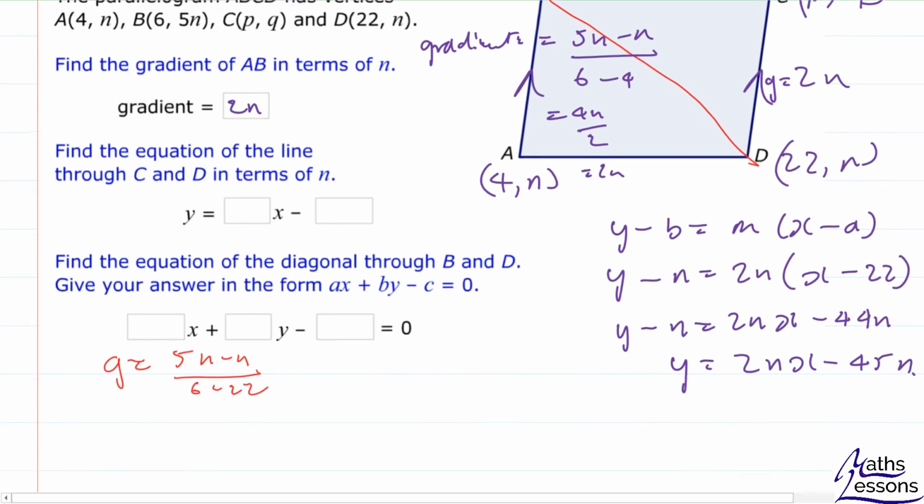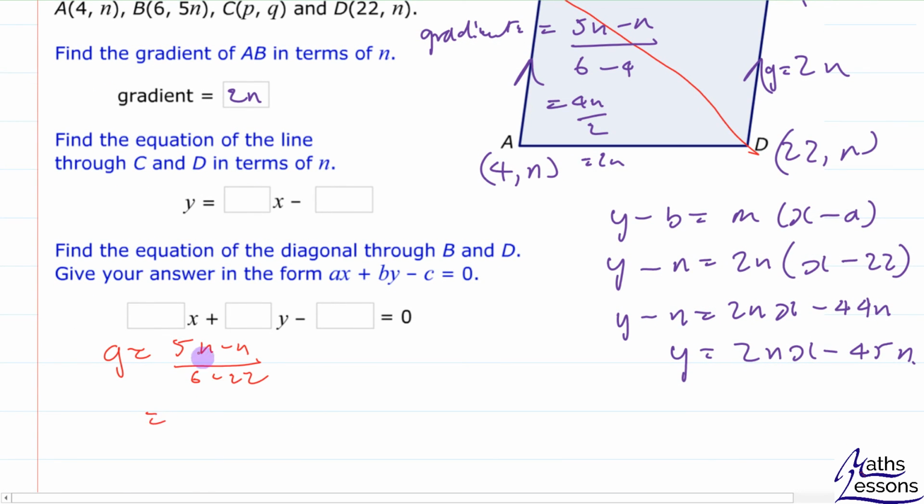So that's going to be 4n over minus 16, which is equal to minus n over 4, as 4 and 16 goes 4 times. That's our gradient.